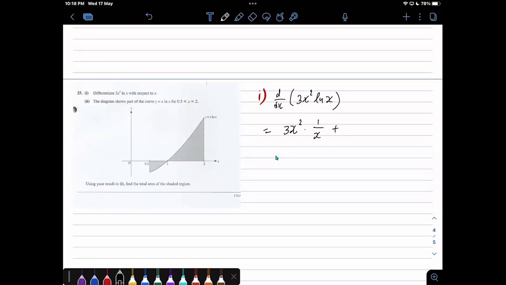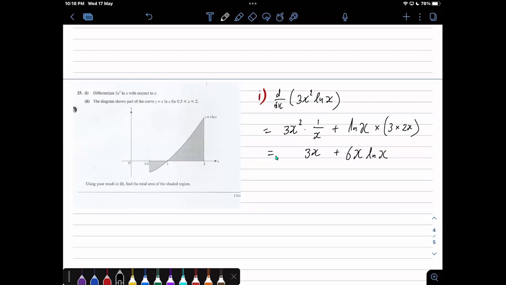Plus ln x, then differentiate 3x squared. Factor out the 3 first. Then you differentiate the x squared itself, which is 2x. So 3 times 2 is 6. You get 6x ln x, plus in between, 3x squared over x is 3x.